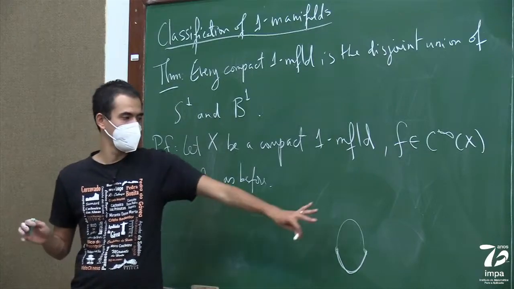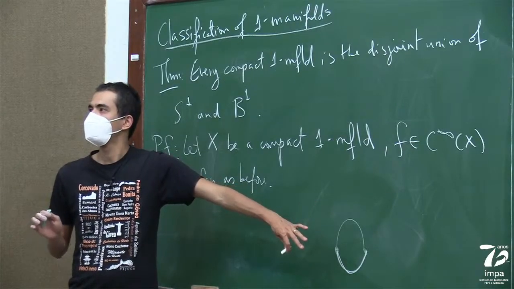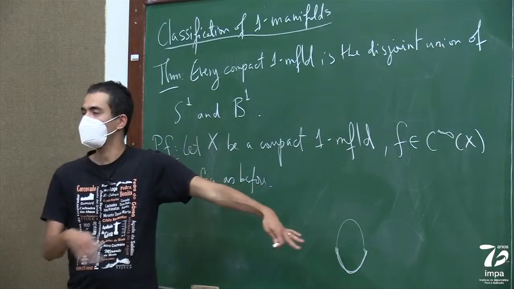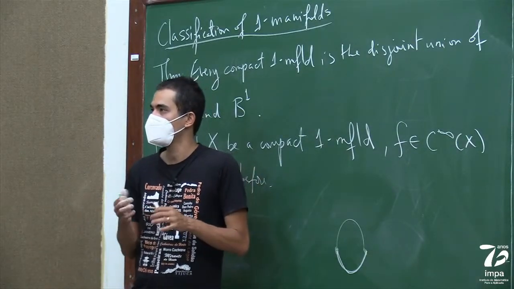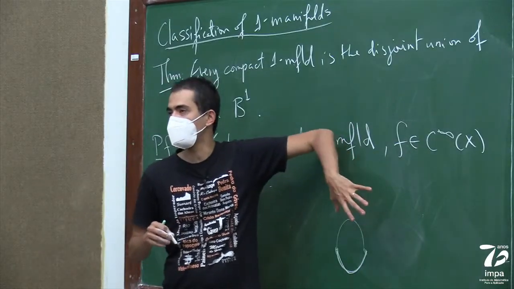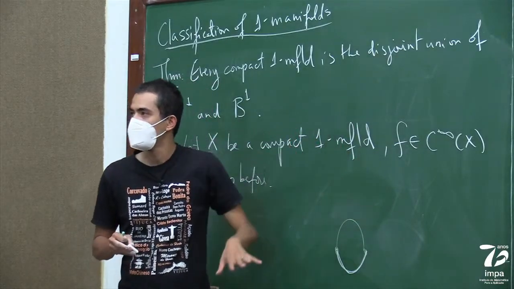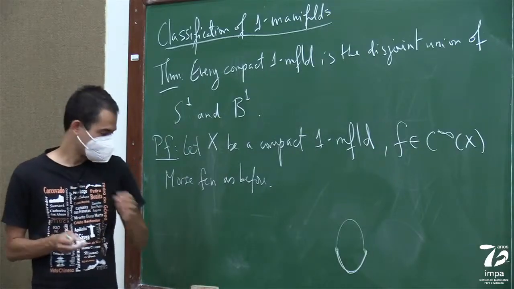And then I'm done with this piece. I can't interact with this anymore. This is already a closed manifold with no boundary. There's no more boundary to attach things to. And then I can keep going, and this is one connected component. So this is one thing that can happen.